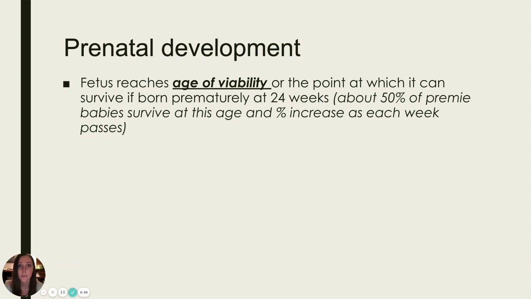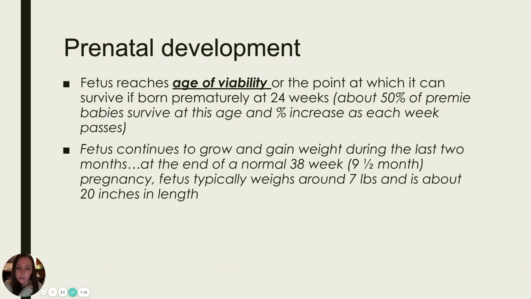So it is possible, if for some reason a baby has to be born so early, around 24 weeks, that they can survive. It's about 50%. And then obviously, the longer that you go, the percentage each week increases. A fetus can continue to grow and gain weight during the last 2 months.